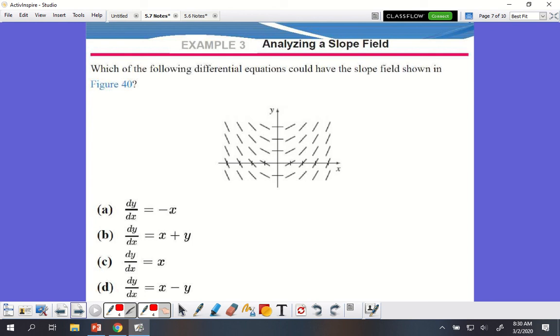Y did not play a part, but it's the same going up and down. So it looks like it is, right? Okay. So if I'm looking at all those slopes right there, what does it look like I end up with here? Probably just a X.